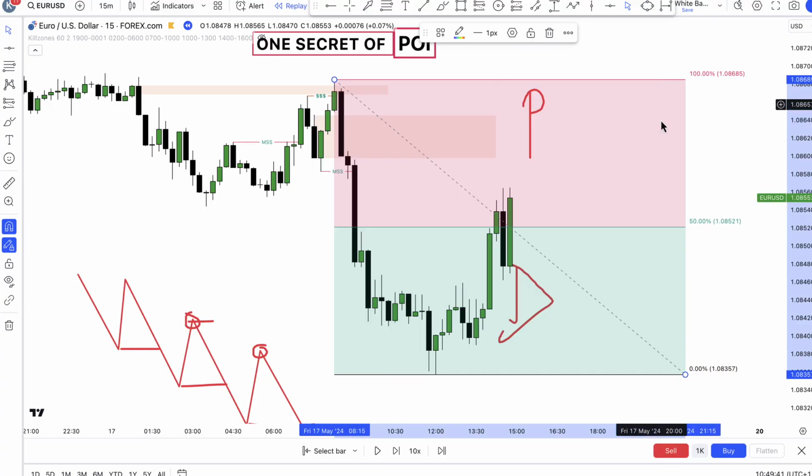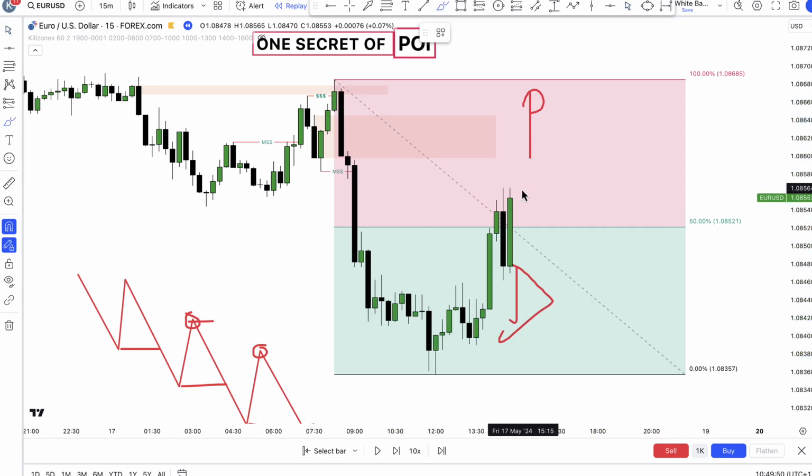So if you have the percentage, basically what ICT taught is that above the 50% level is called premium. And this is the law of business. Every businessman out there wants to make money. And how do you make money? It's only when you find a way of buying a product or any of the goods or raw materials at a low price and then sell it at a high price.